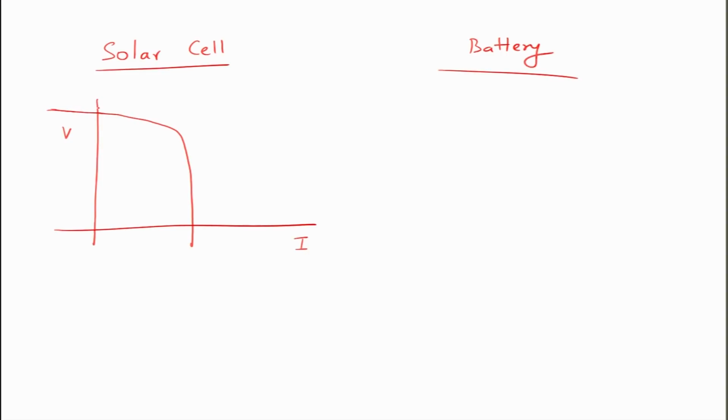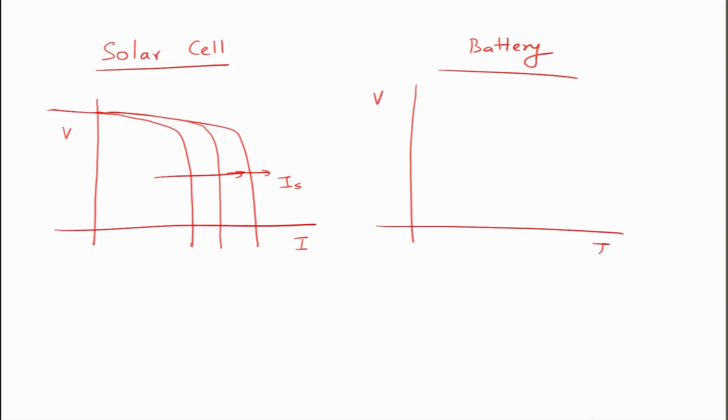This will change as you increase the intensity of light. Increasing the intensity of light will shift this to the right, and your current will keep increasing. So, if you increase IS, your current will increase for a solar cell, whereas a battery gives you an EMF.